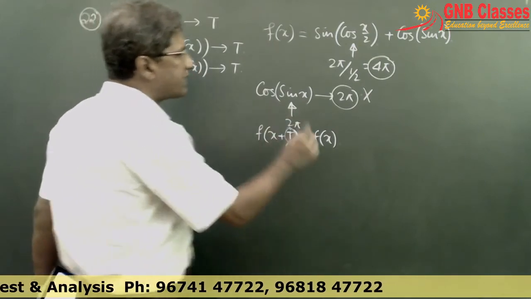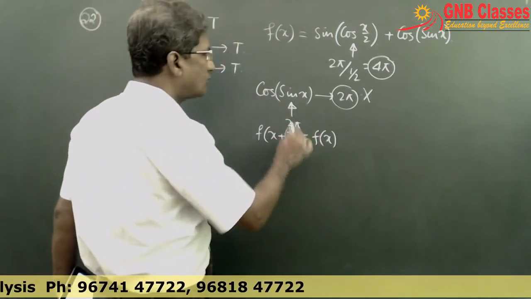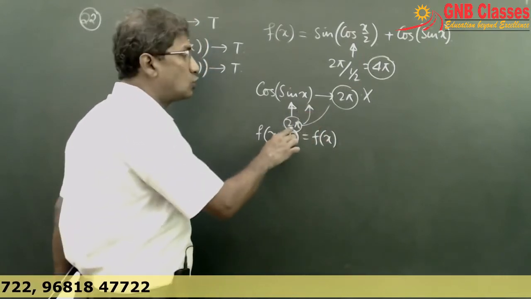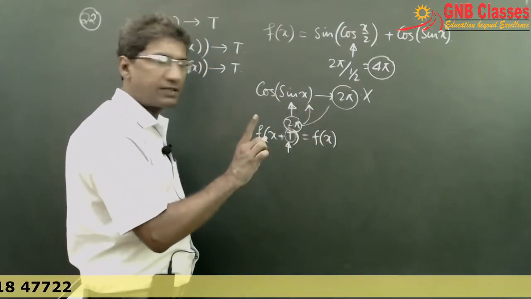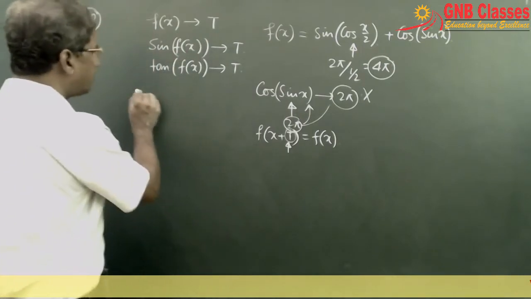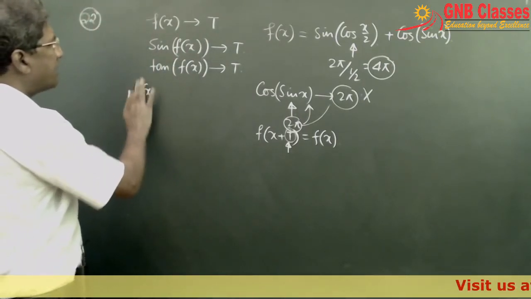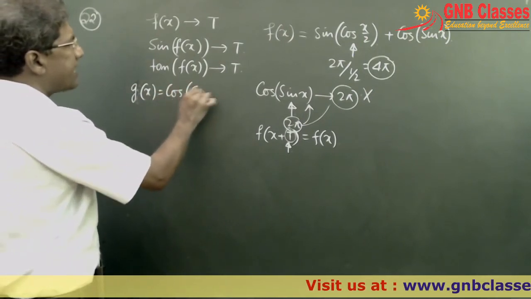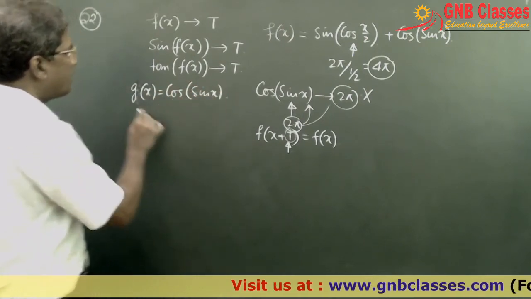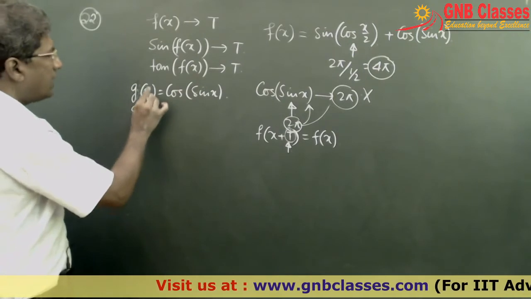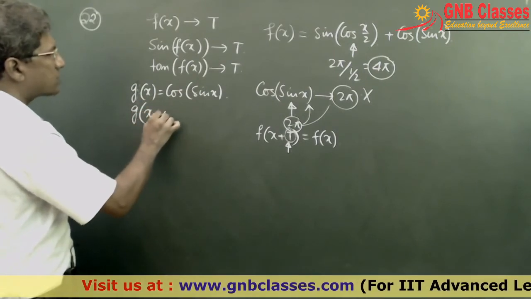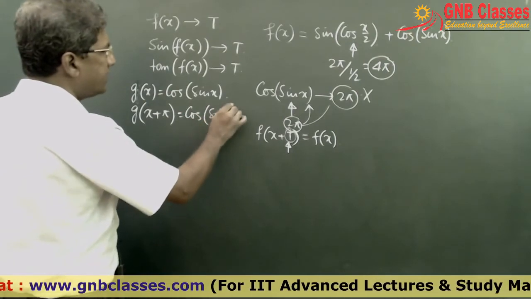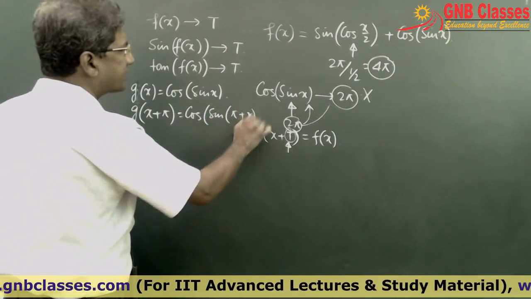Now you see, in this case 2 pi is a period of this function, that's for sure. But 2 pi is not the fundamental period, because you observe, let us call this function g of x, as cos sine x. Now if I put x plus pi in place of x, what are we going to get? Cos sine of pi plus x.